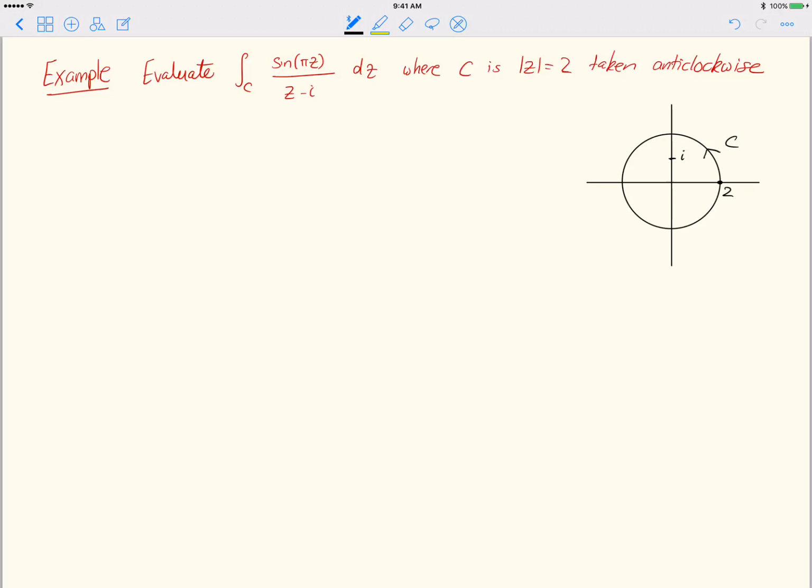Similar to the previous example, I let f of z equal sine of pi z.